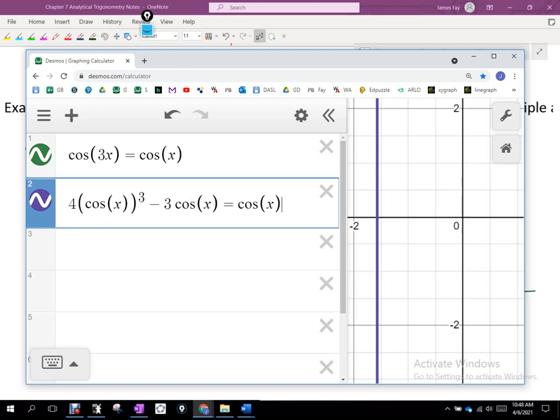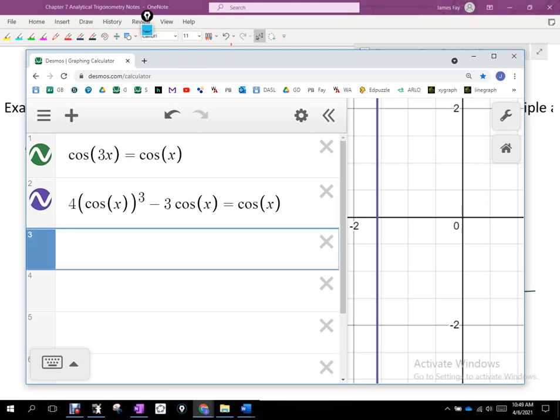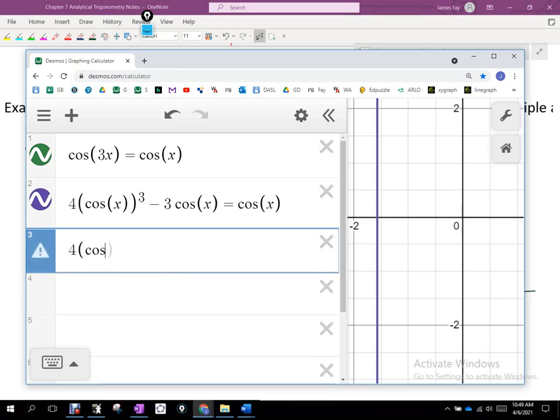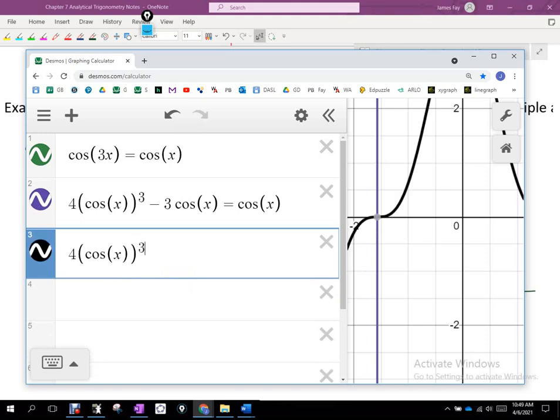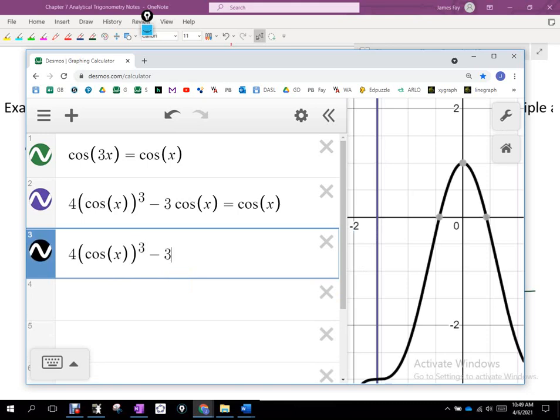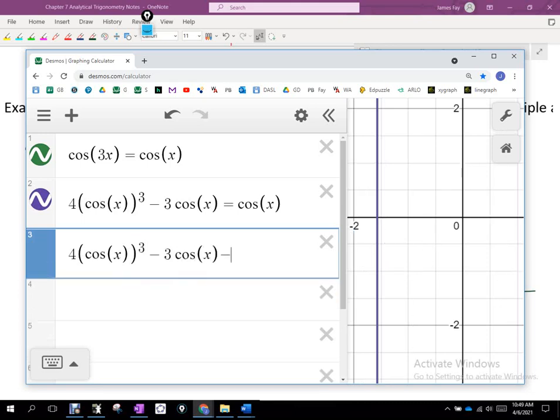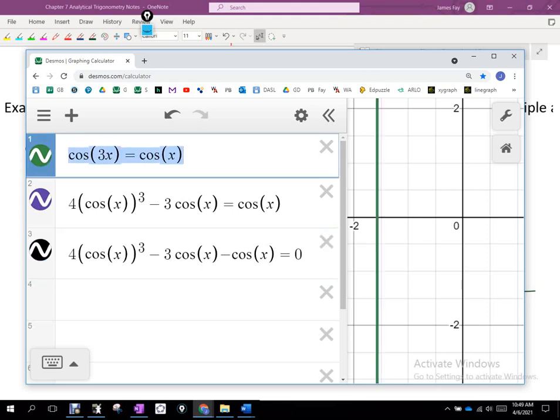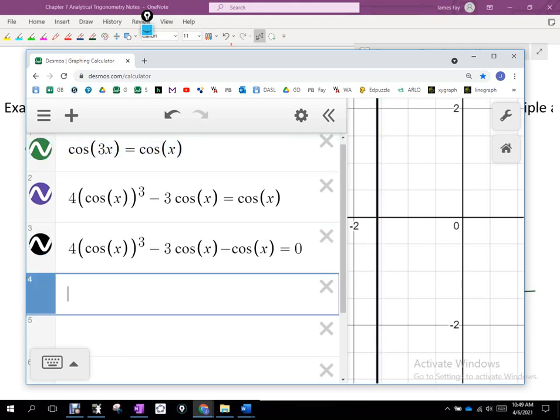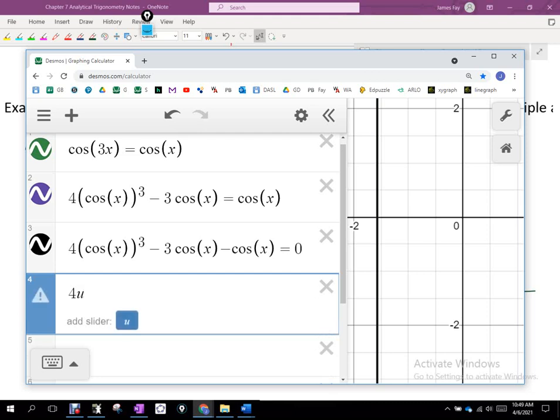Which allows me to now say, I'm going to rewrite this way, 4 cosine of x cubed minus 3 cosine x minus cosine x equals 0. That's what I would write. Does that make sense? That is saying the exact same thing that this says. Then what I would do is say, I don't like all those cosines in there. I'm going to go to the side and say, let u equal cosine.